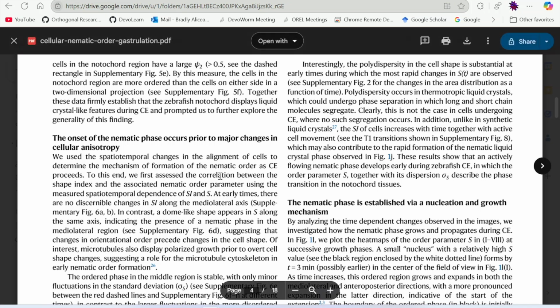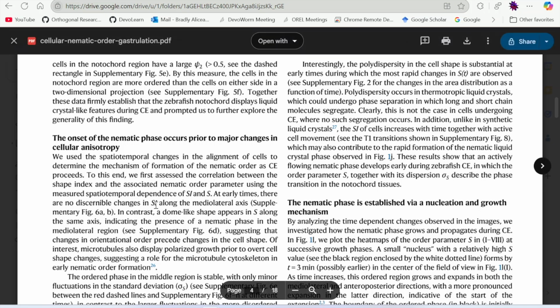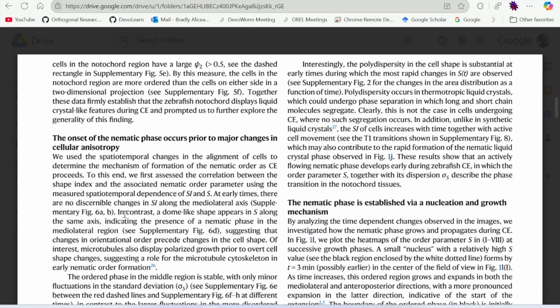To this end, we first assessed the correlation between the shape index and the nematic order parameter, and they looked at the spatiotemporal dependence of SI and S, which are their parameters. At early times, there are no discernible changes in SI along the medial lateral axis.